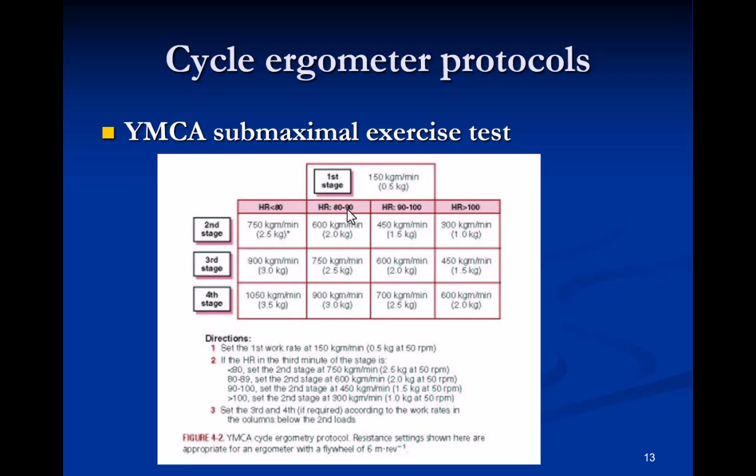So if your heart rate's 85, you'd go into this column. The next stage would be 2, and then 2.5, and 3. Over here, if you were greater than 100, the next stage would be 1, 1.5, and 2. But regardless, after the 4 stages, you stop. You have all your data, and then you will estimate VO2 max based on the heart rate response to this protocol.